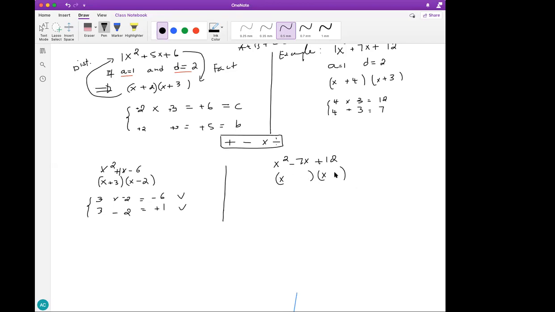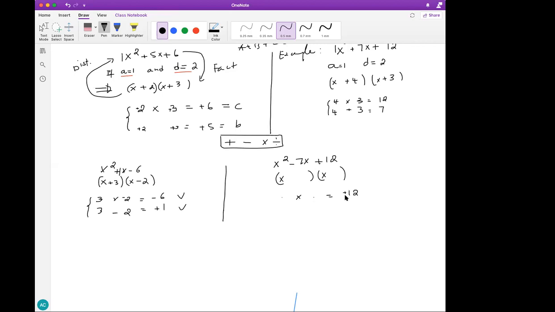So we need 2 numbers now. What numbers do we need to complete the parentheses and the factoring? To get positive 12, and minus 7. So 2 numbers that multiply to positive 12. It's a positive here.